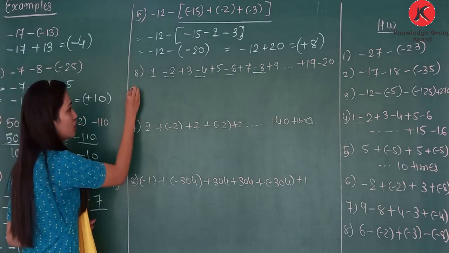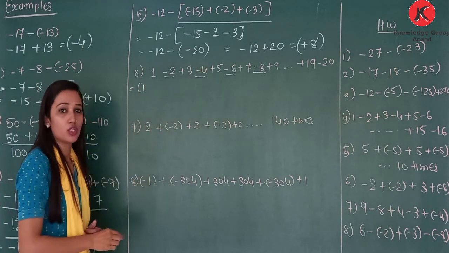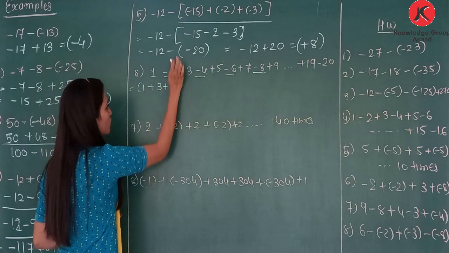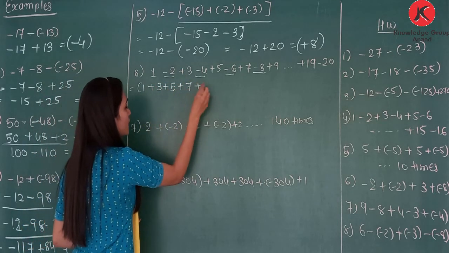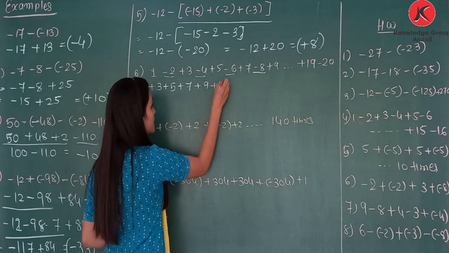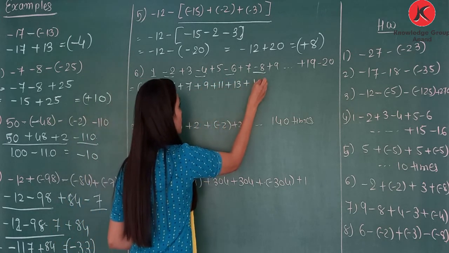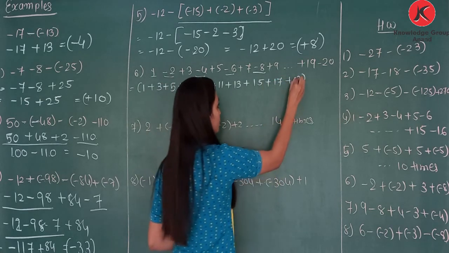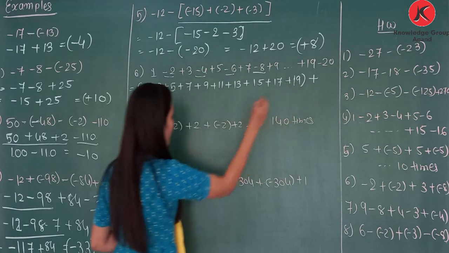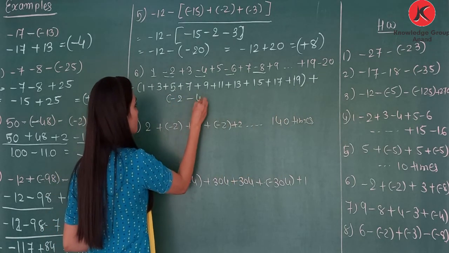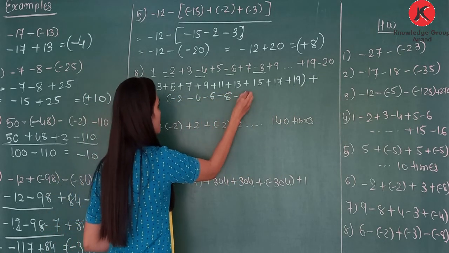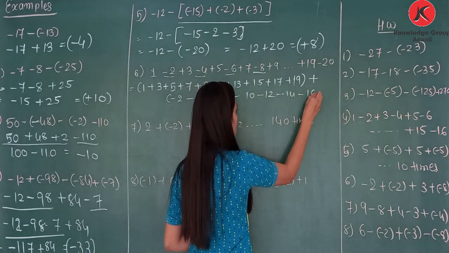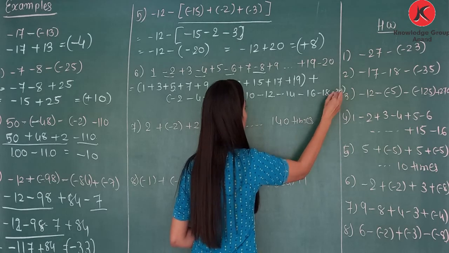So here we can write, from 1 to 20, all the positive numbers: 1 plus 3 plus 5 plus 7 plus 9 plus 11 plus 13 plus 15 plus 17 plus 19, plus now all negative numbers: minus 2, minus 4, minus 6, minus 8, minus 10, minus 12, minus 14, minus 16, minus 18, minus 20.